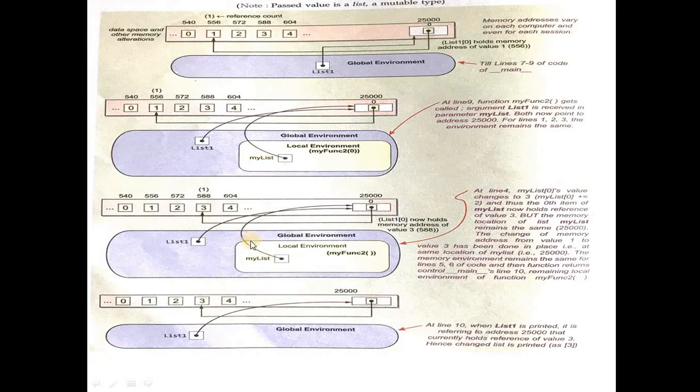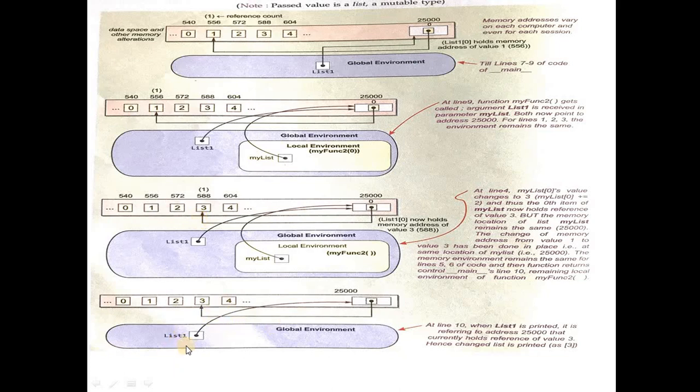But here, since it is pointing to the same memory location, the changes you make inside the local of a mutable type will be reflected back in the global. So that is the key point to understand.